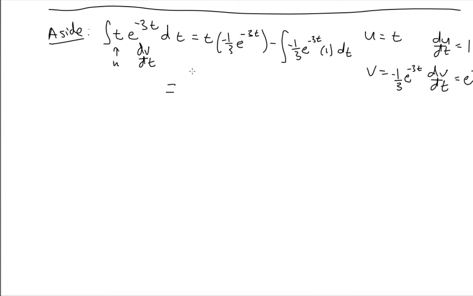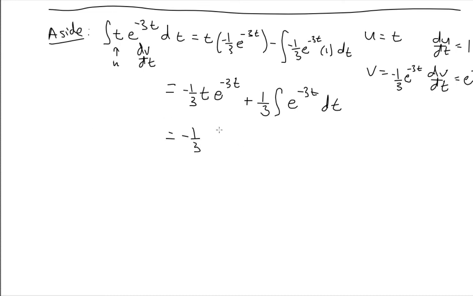Let's simplify this a little bit. This becomes negative 1/3 t e to the negative 3t. The negative 1/3 can come out front, becoming a plus 1/3, times the integral of e to the negative 3t dt. Now I can calculate this integral; it's an antiderivative of something I know.